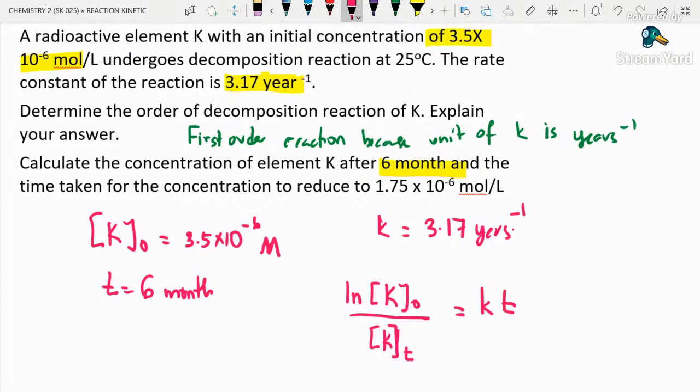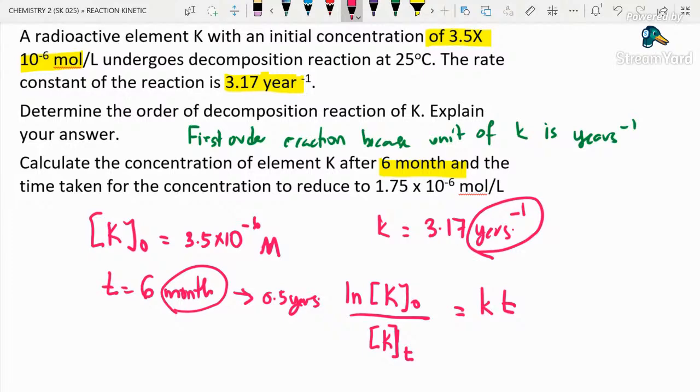The problem is, this is in years, this is in months. You need to convert months to years. So 1 year has 12 months, so you divide 6 by 12. You're supposed to get 0.5 years.